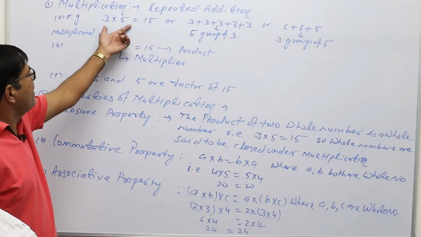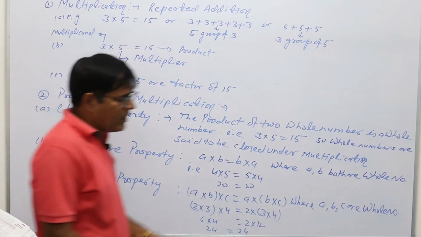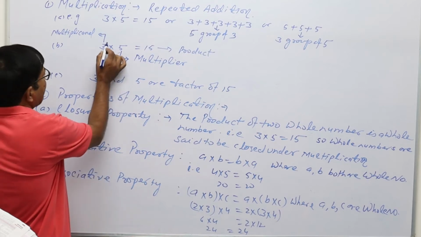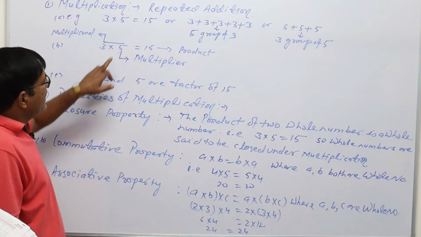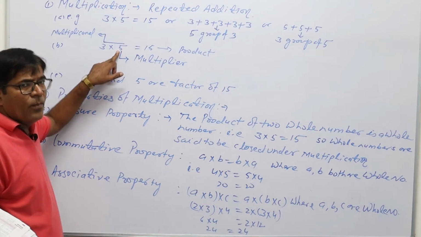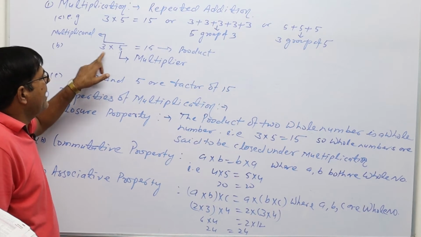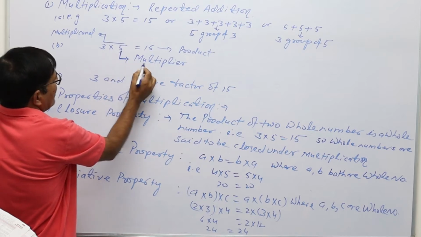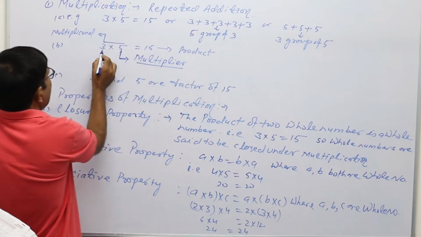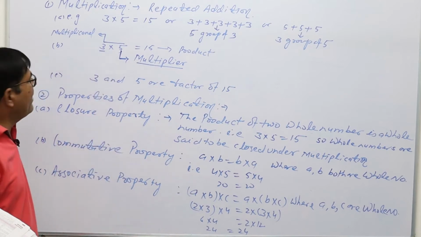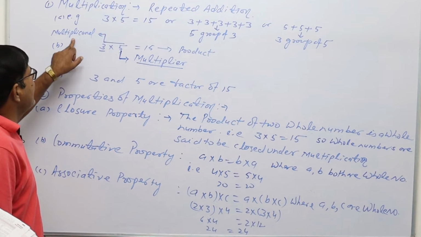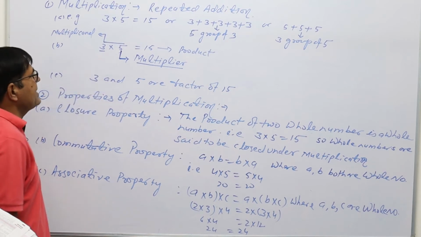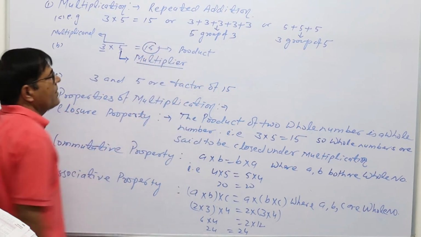Now, if we have to write 3 multiplied by 5, then the number by whom we multiply any other number, in this case, if 3 multiplied by 5 is written, then 5 is known as the multiplier, and the number which we have to multiply by 5, that is 3, is known as the multiplicand, and the result of 3 multiplied by 5, which is 15, is known as its product.